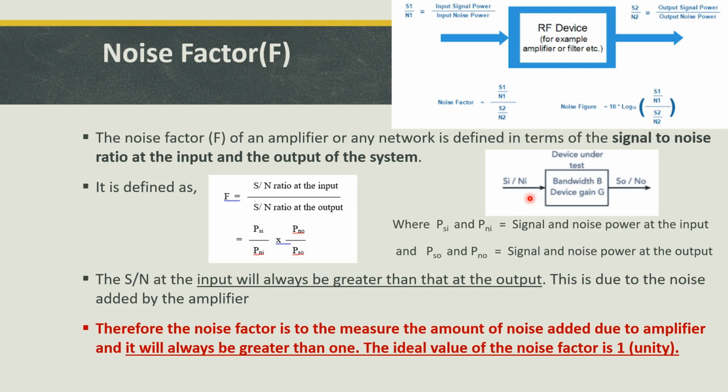Noise will similarly be amplified, multiplied by 5. That's why the signal to noise ratio at the output is always lesser compared with the input.